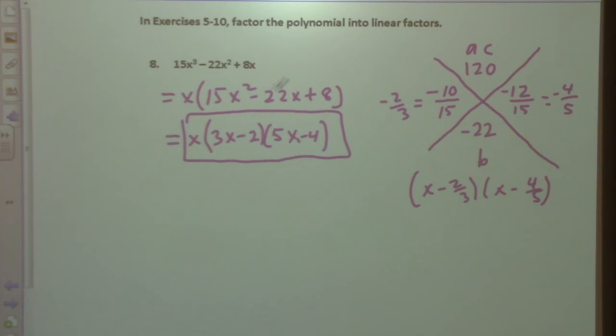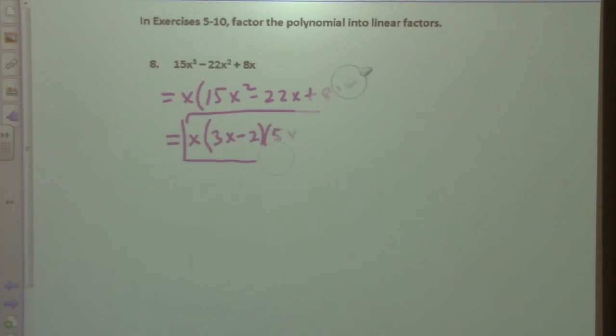And the more possibilities you have, the more guess and check you have to do if you don't use the X method. I never used this X method in my factoring career before I got into teaching, and I was just fine. So, all right, good job.